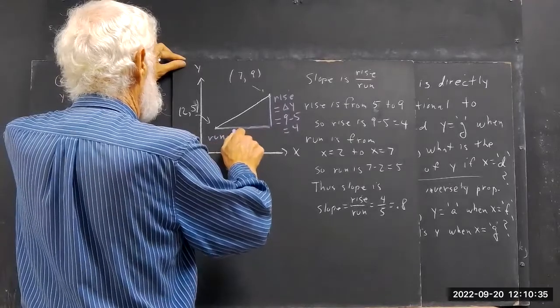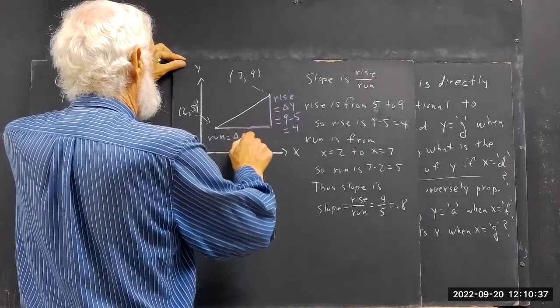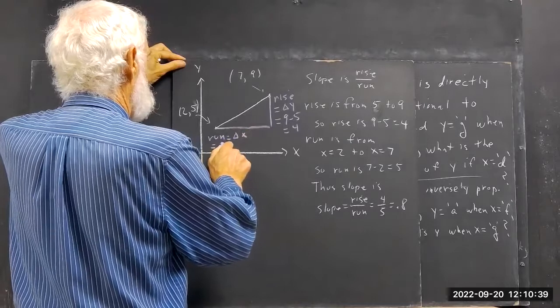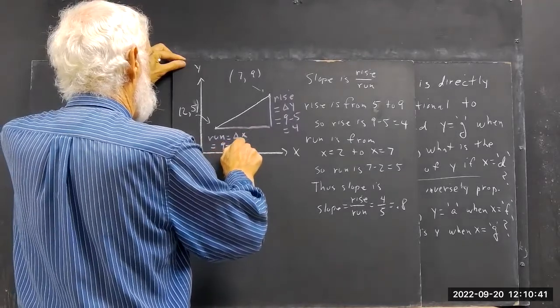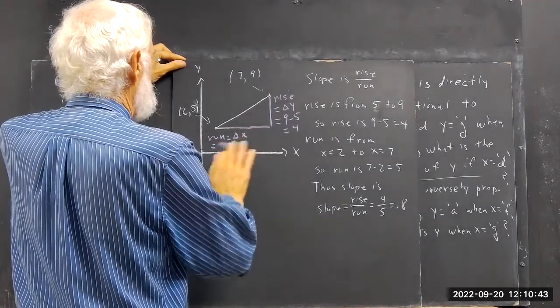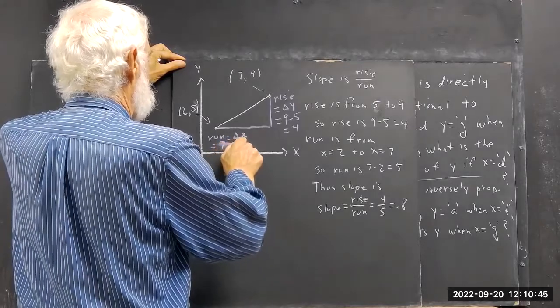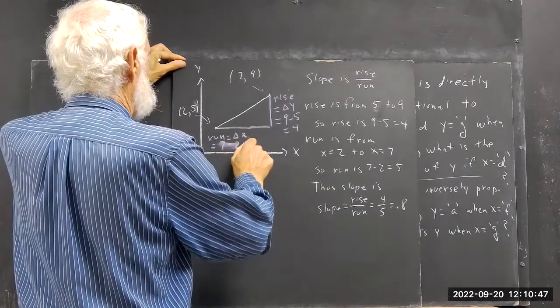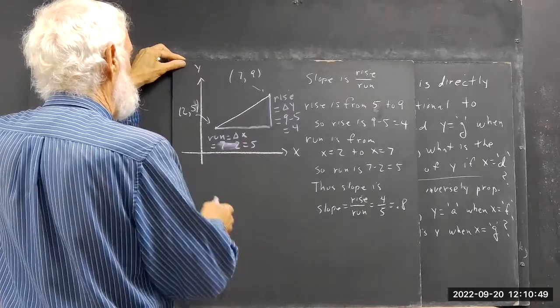And the run is change in x, which equals 7 minus 2, which is 5.